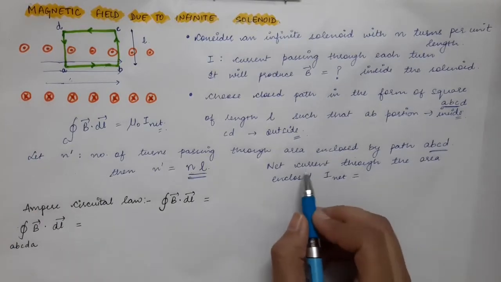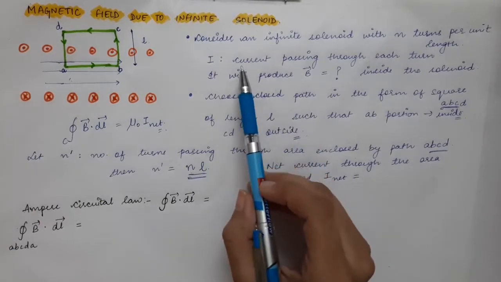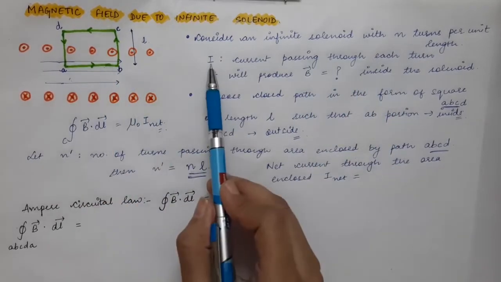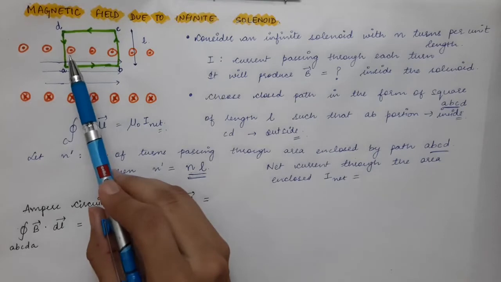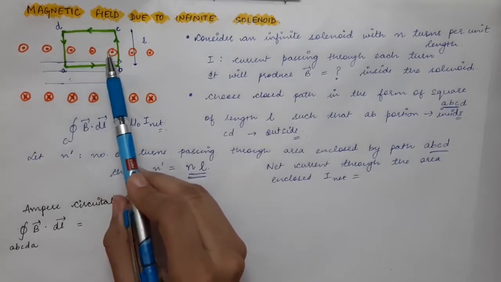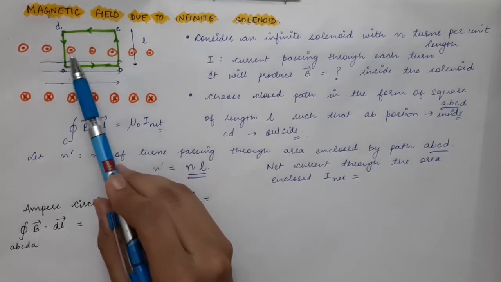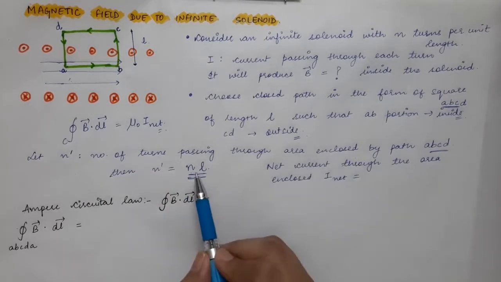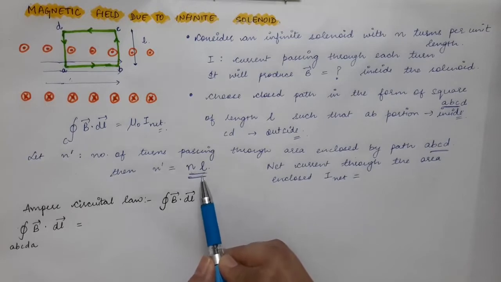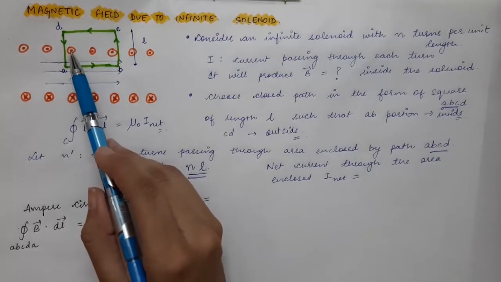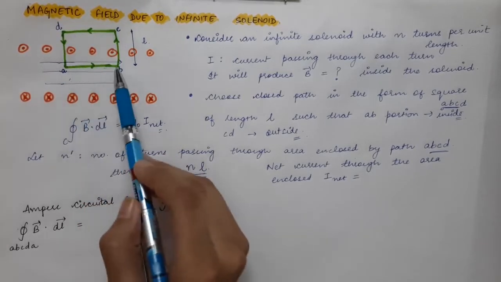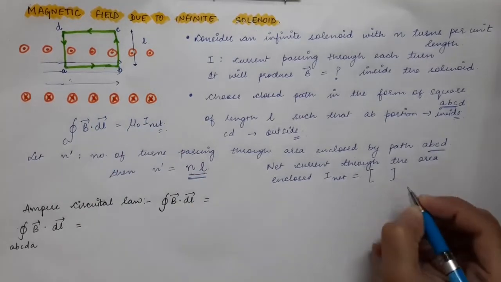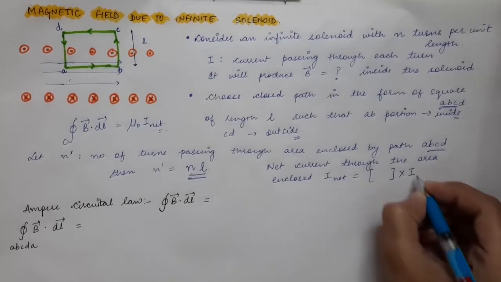So what will be the net current? As we have supposed that the current passing through each turn is equal to I, and the number of turns which are enclosed in this closed path is given by n into L. So the net amount of current enclosed in this closed path is given by the number of turns times the current in each turn.